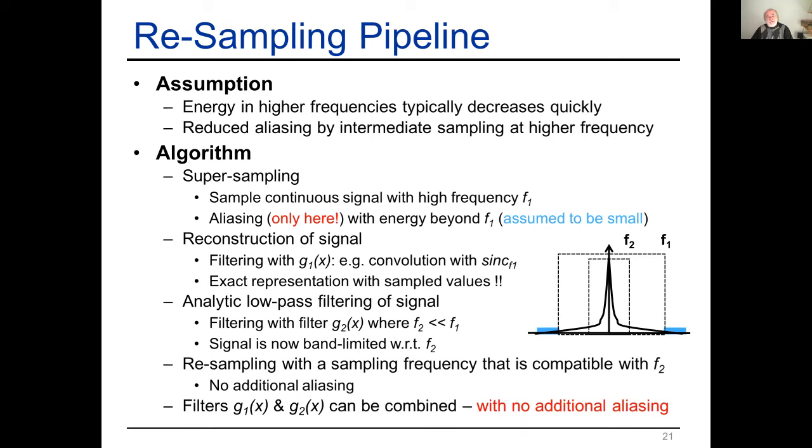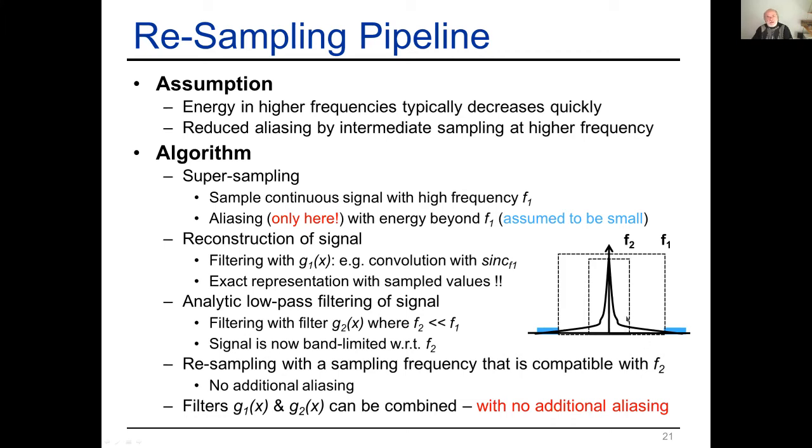The idea now is, as we move the copies further apart, we can remove aliasing, because the overlap is only in areas that have less energy. At the end I can only represent my signal at a target frequency of f2, which is low.